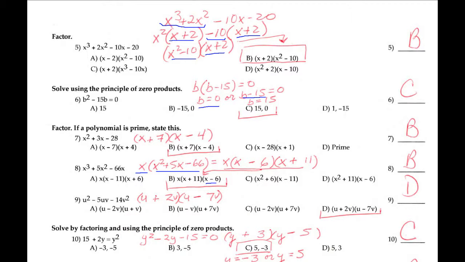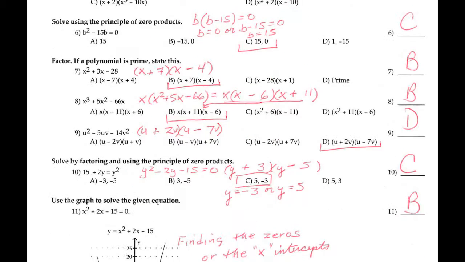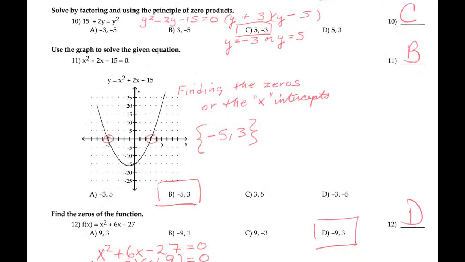Let's raise this up a little bit now. So here it says solve by factoring and using the principle of the zero product. Is this in standard form? No. So I'm going to move everything over to this side.